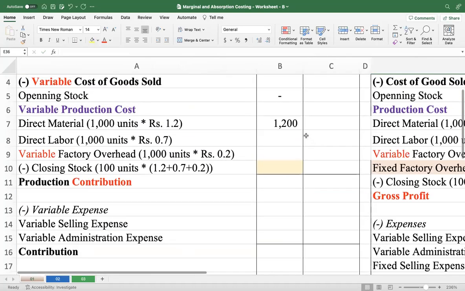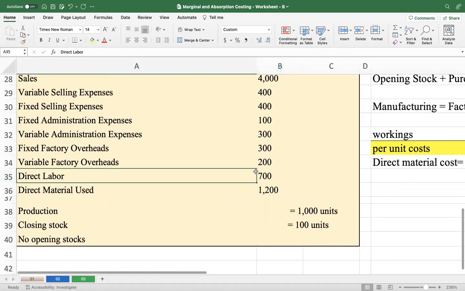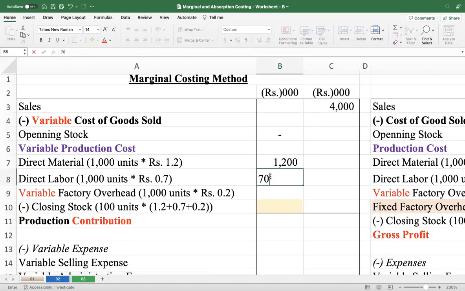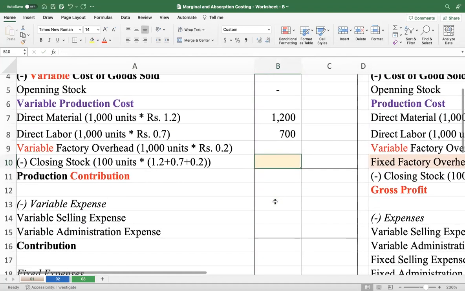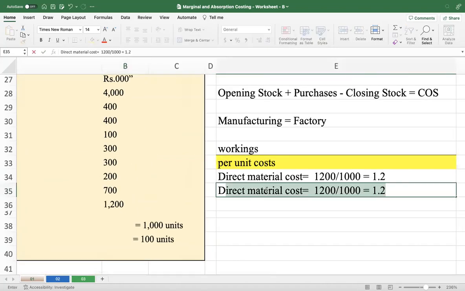Next, we'll take direct labor, right? Go to your question, direct labor, we have 700. Now find the per unit direct labor cost. Per unit direct labor cost is how much? The total is 700 for 1,000 units.